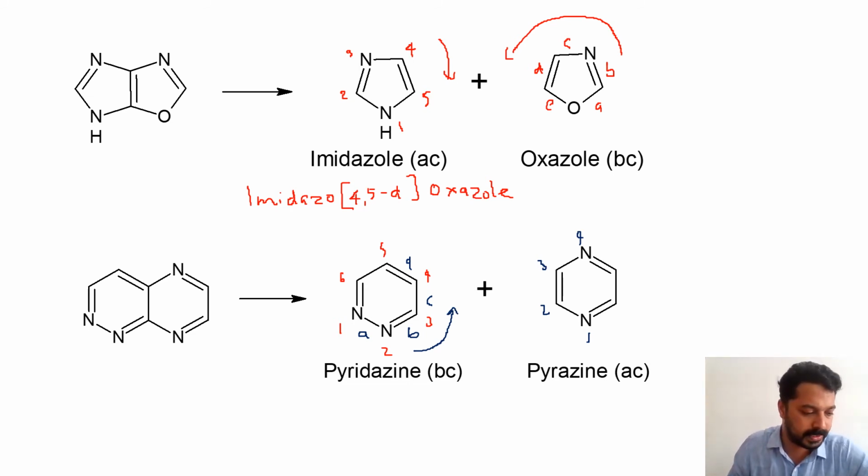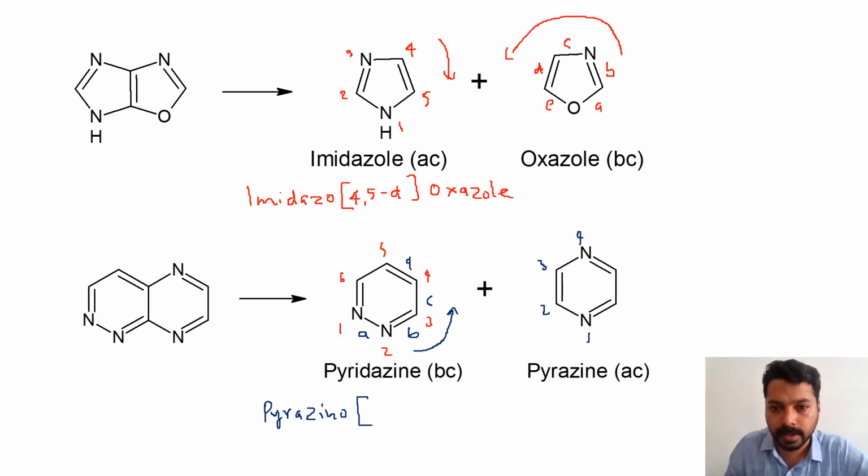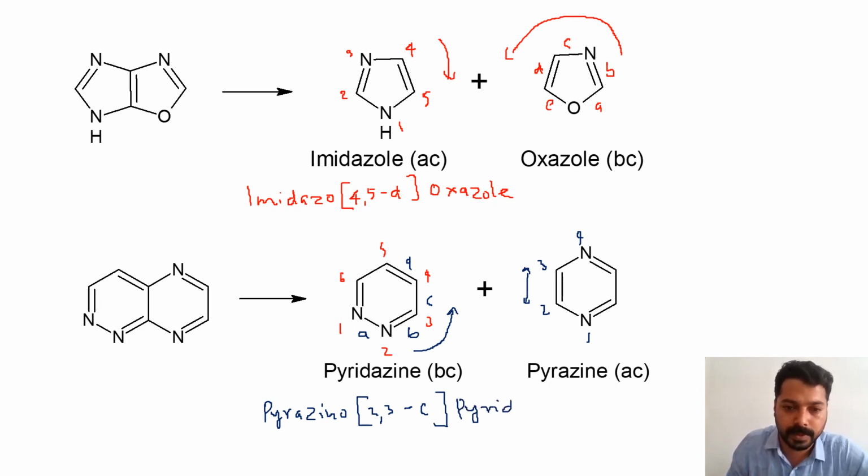So pyrazine, you can write as pyrazino. The numbers are 2 3, because this is the fused bond, that is 2 3, and the fused bond is C, 2 3 C, pyridazine.